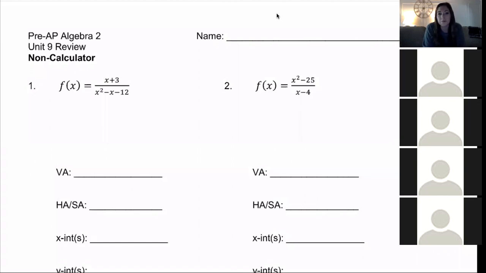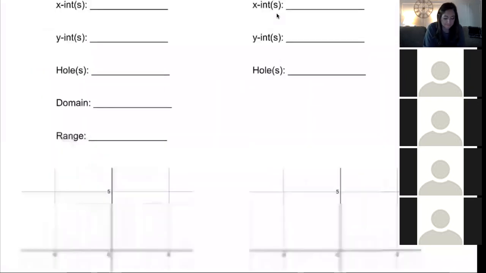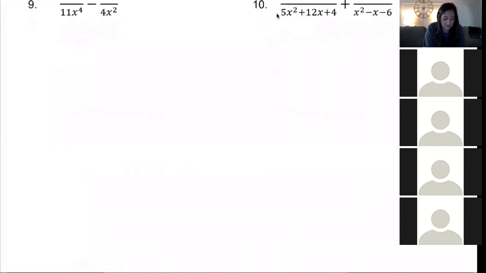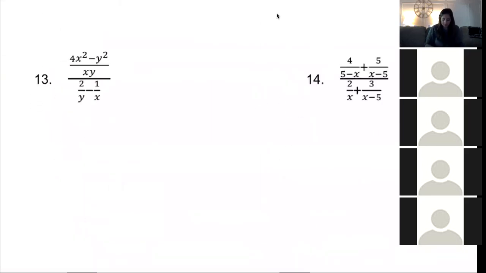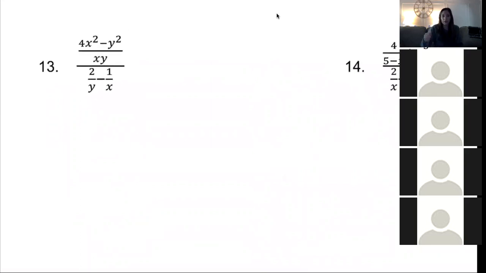Do you guys have any specific problems from the review that you want to go through? Can you do 13? Okay. So number 13 is a complex fraction problem. What I typically do with these is I look at all of the denominators and come up with a common denominator, which in this case would be xy.